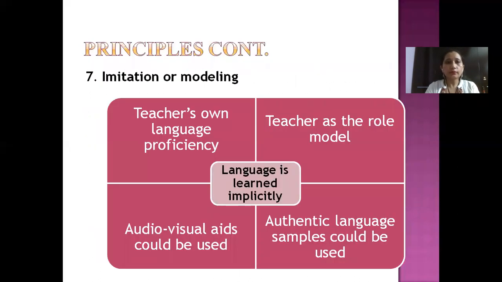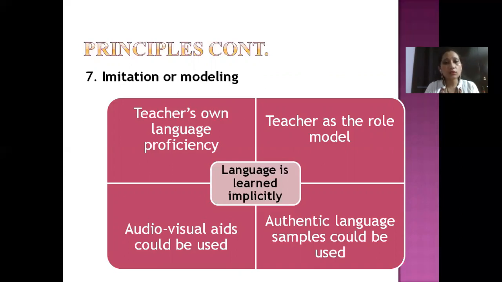Another principle we have is the principle of imitation or modeling. Imitation is something that we learn through observation, through vicarious learning, through observing others. So we learn a lot through imitation. So language is also learned indirectly, implicitly through observation. So according to this principle, since language is learned implicitly and indirectly through observation, teachers' language proficiency plays a very important role.